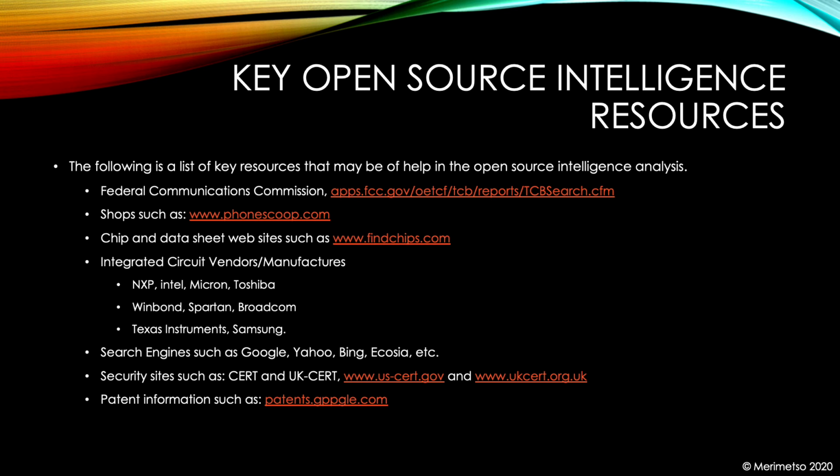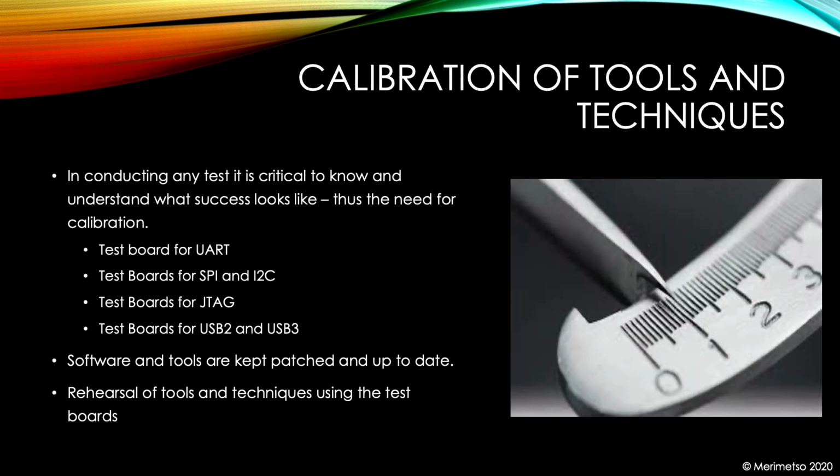They plant trees. We've got security sites such as CERT, UK CERT and Process Control CERT, which publish advisories. And also we've got patent information related to the product. All of these are good open source intelligence tools that we can use.